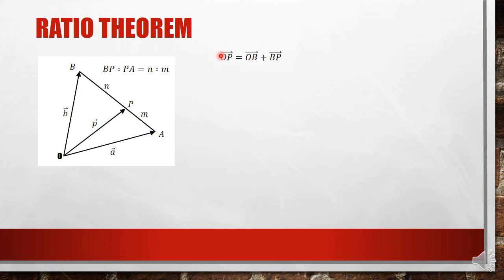So OP equals OB plus BP. Remember that BP equals n divided by m plus n times BA, since the ratio of BP is n and the total ratio is m plus n.